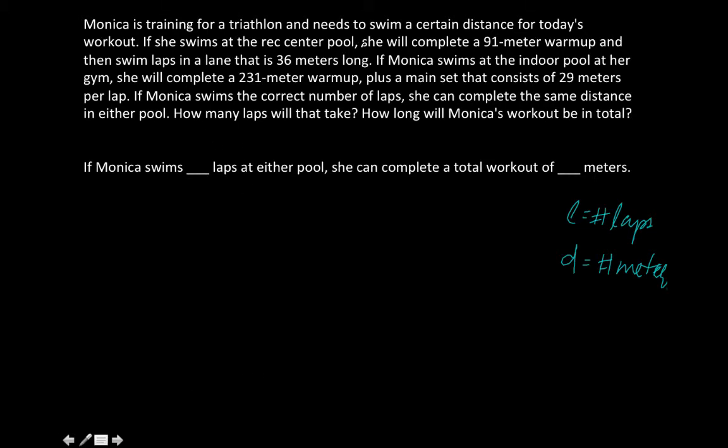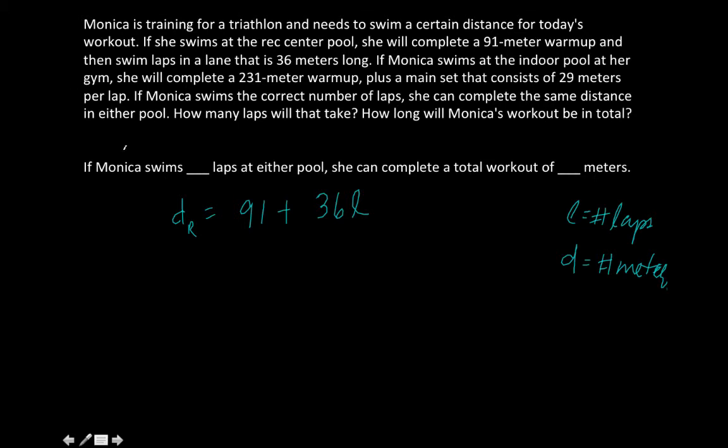Okay, if she swims at a rec center pool, she will complete a 91-meter warm-up and then swim laps in a lane that is 36 meters long. So this is the rec center pool. So the distance for the rec center pool is 91 meters plus 36 meters times the number of laps.